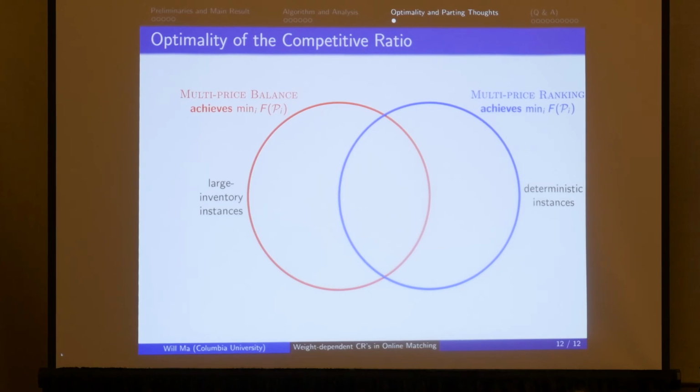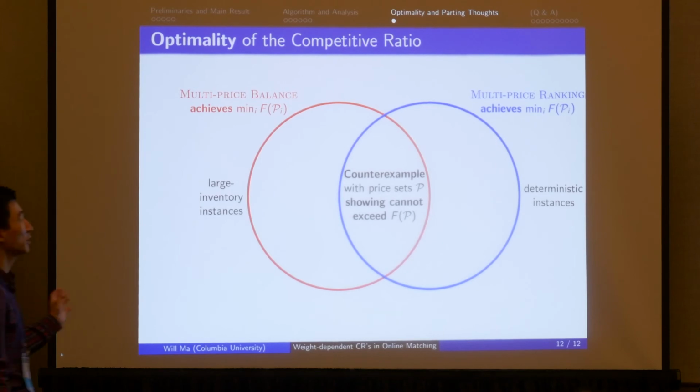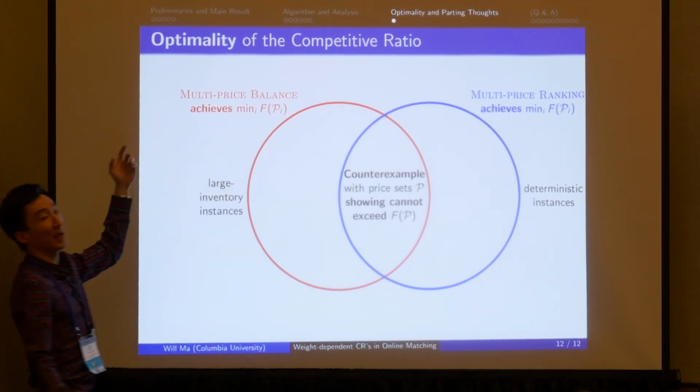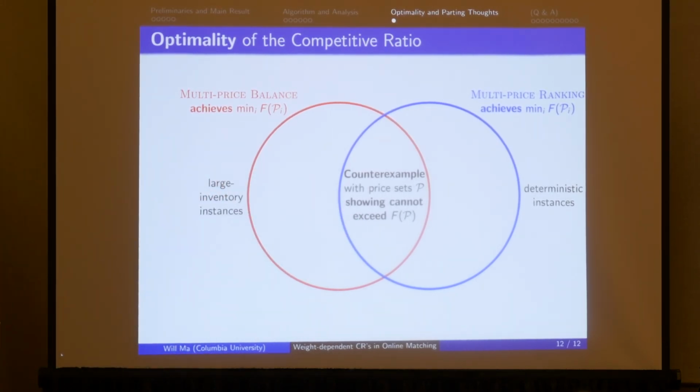Multi-price ranking will use the same phi functions, but instead of applying it to the fraction sold, you apply it to a uniform random seed between 0 and 1 that's chosen and fixed at the start. And finally, we show that you can't do better than f of p, because the adversary optimizing an upper triangular graph, choosing the weights to minimize the competitive ratio, ends up with the same number as you get from the primal dual analysis.